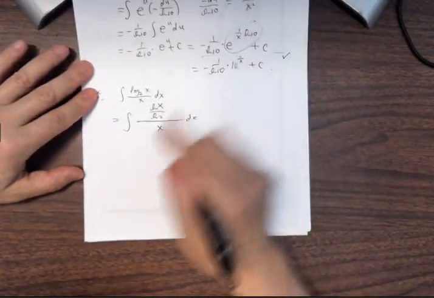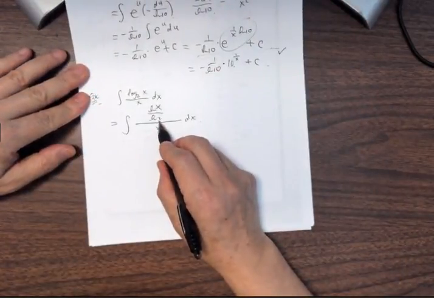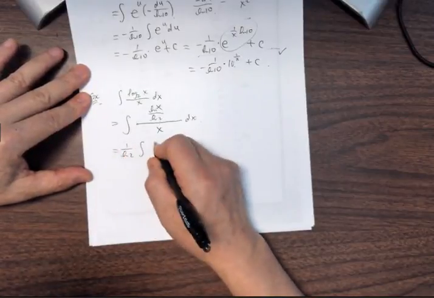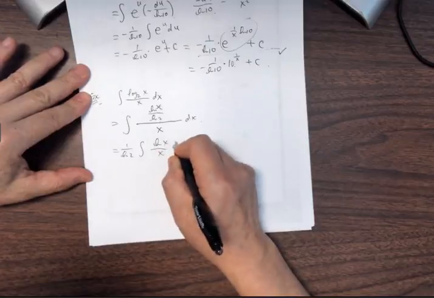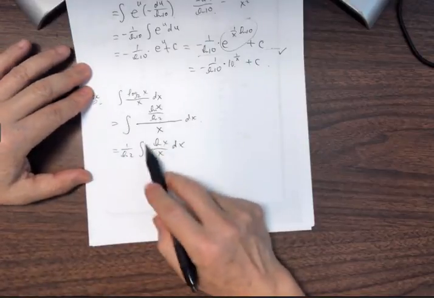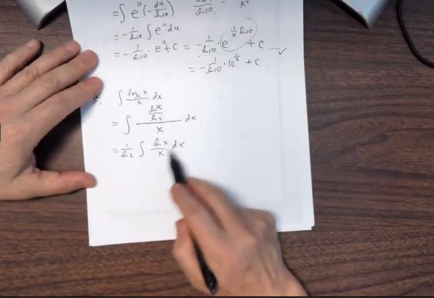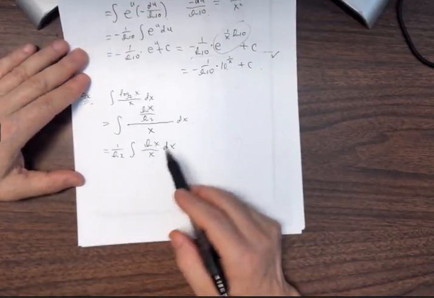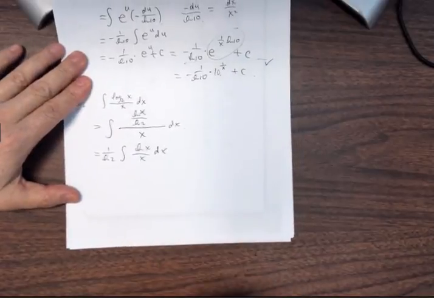From here, let's move out the log 2 because it's constant. So we now obtained an integral that we ran into before. And actually, it's a pretty simple one.